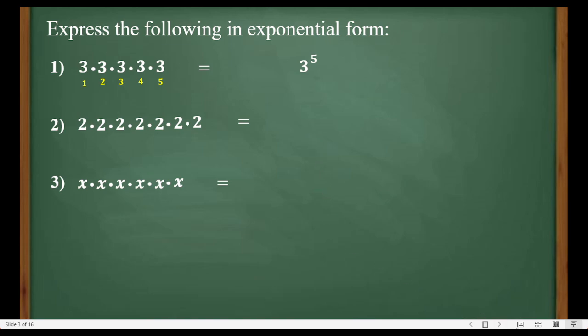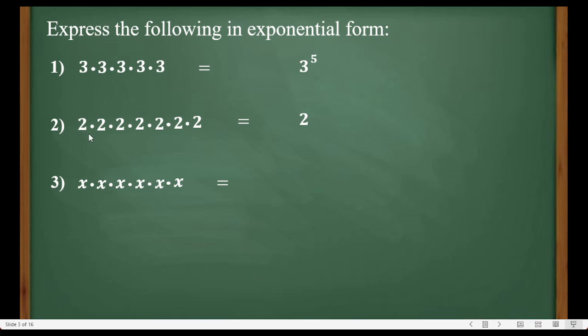Okay? Next, number 2. Now, how do we express item number 2 in exponential form? So obviously, the common number here being multiplied by itself is 2. So the answer here contains 2. Then how many 2's are there being multiplied by itself?